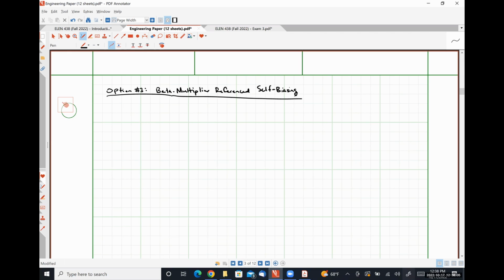So as I believe I mentioned at the end of our last class meeting, this circuit is just a variation on the classical Widlar current source, where we have some reference current feeding into a current mirror.